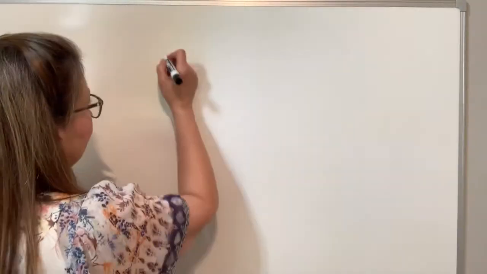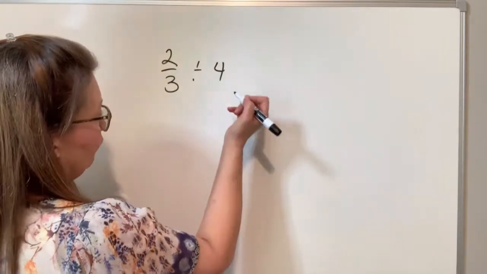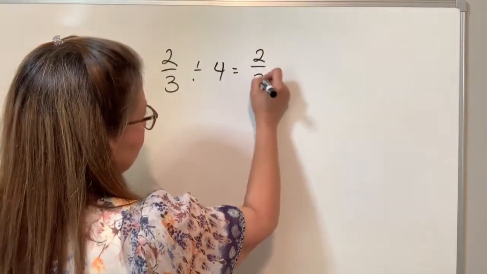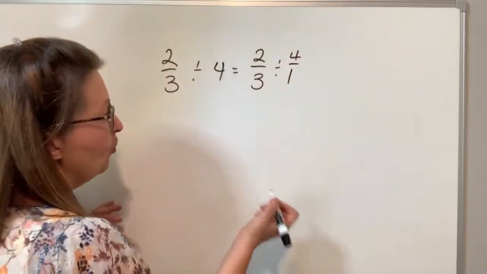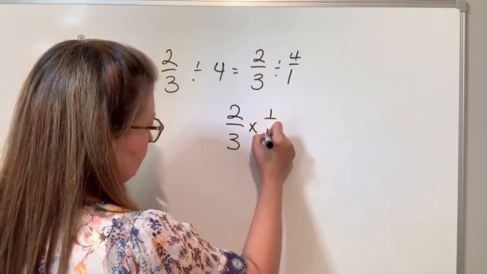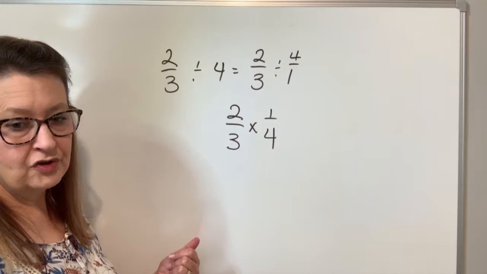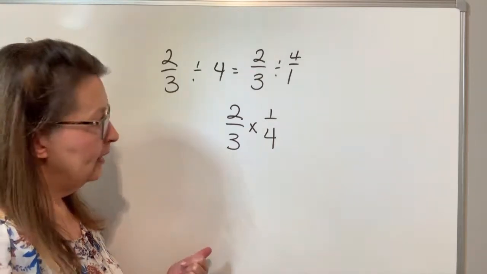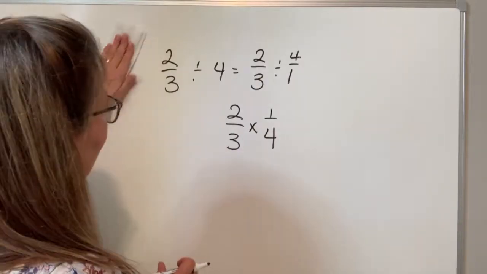If I have 2/3 divided by 4, then make it 2/3 divided by 4 over 1. Then you're ready to keep, change, flip, okay? And multiply that as usual. Now, that's how to add, subtract, multiply, and divide all the fractions.